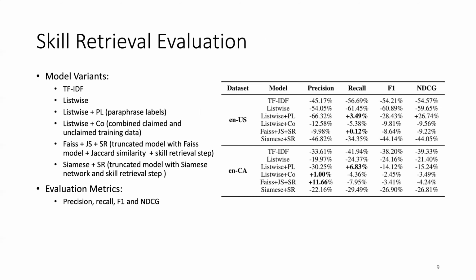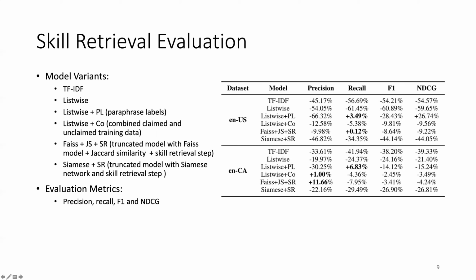The second one is the skill retrieval evaluation. In the skill retrieval module, we have multiple components. TF-IDF is for the Elasticsearch. Listwise is for the BiLSTM layer, and listwise plus PL is how we calculate those.